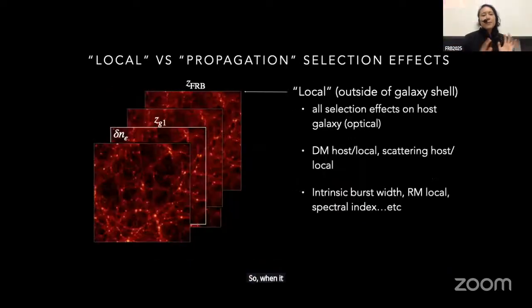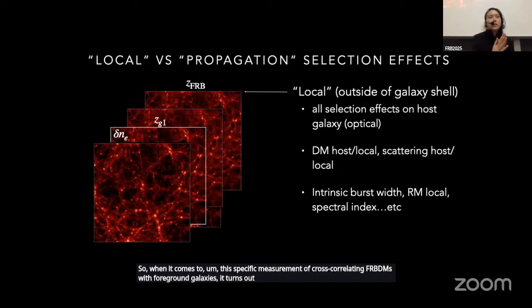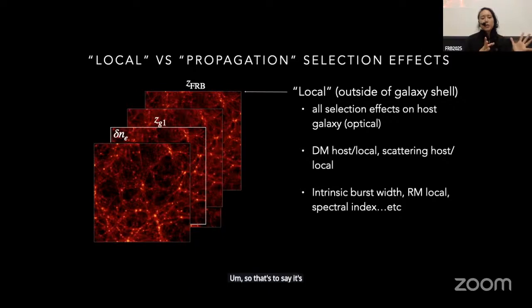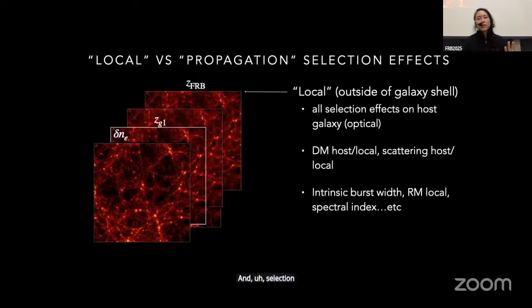When it comes to this specific measurement of cross-correlating FRB DMs with foreground galaxies, it turns out it's useful to think about our selection effects spatially. That's to say, selection effects that arise due to observables local to the FRB itself and its host galaxy, and selection effects on observables that arise along the line of sight. When I say FRB-local, I'm referring to optical selection effects on the host galaxy itself.